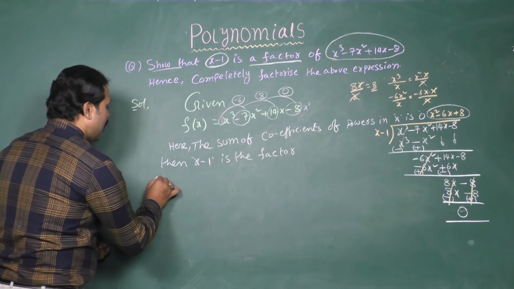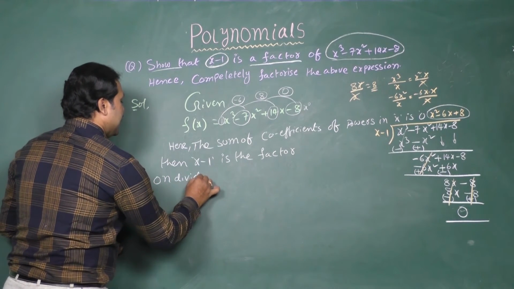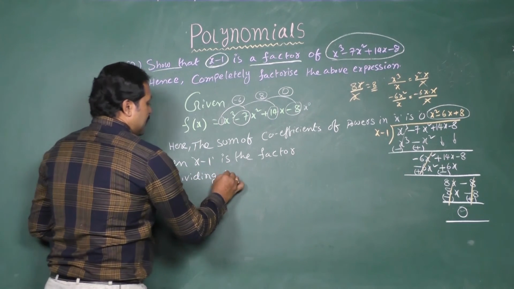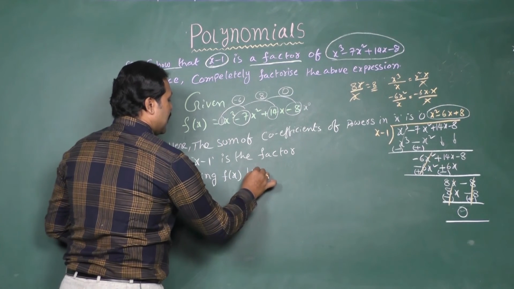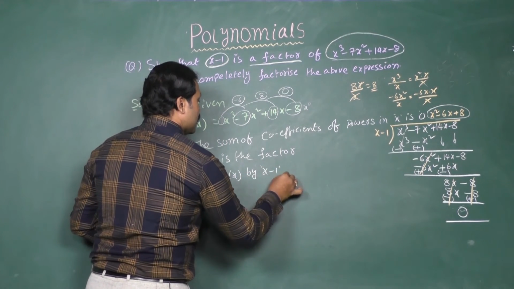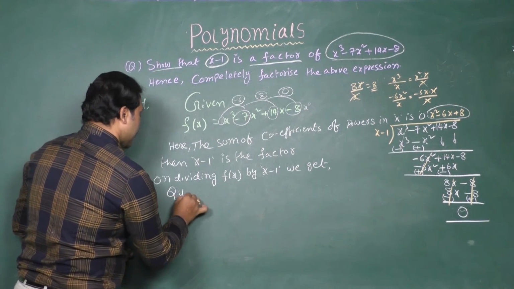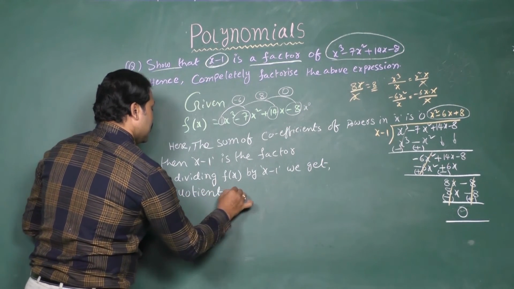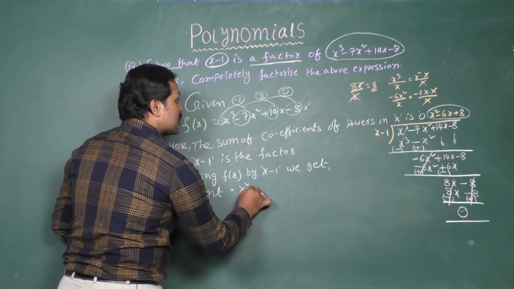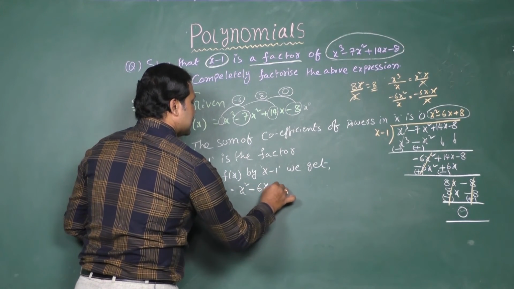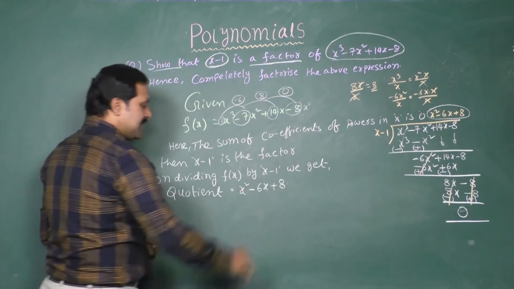So on dividing f of x by x minus 1, we get the quotient x square minus 6x plus 8.